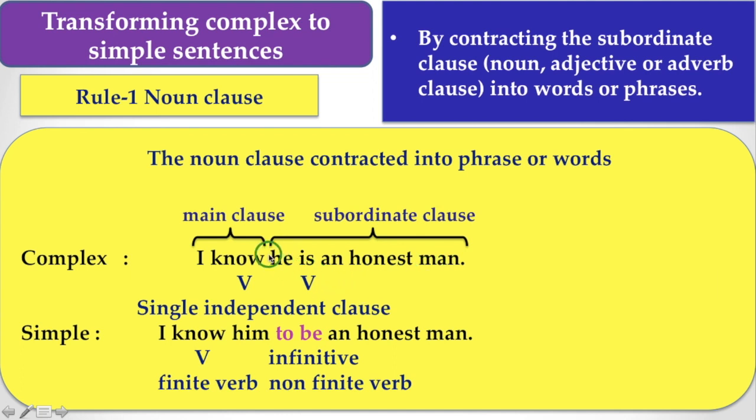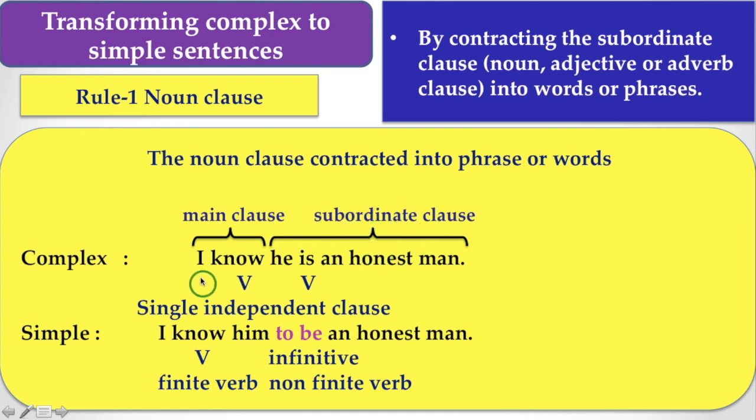Here the subordinating conjunction 'that' is omitted, because when the subordinate clause is used as an object, 'that' can be omitted. So in this sentence you find 'know' is a finite verb, and 'is' is also a finite verb, because this is a complex sentence where you find one main clause and one subordinate clause.